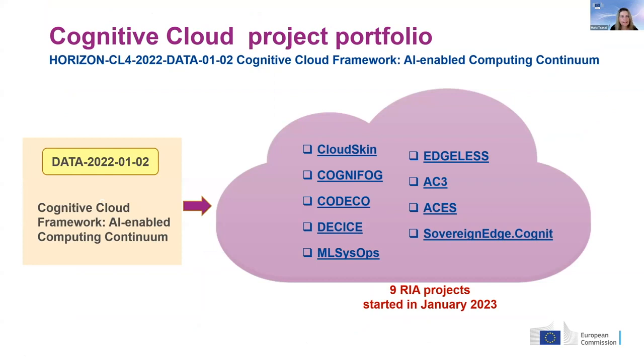The reason why I show you again these projects is because they started a few weeks ago. They don't have a website yet, but if you click on each of those project names, you may find some information for the time being.